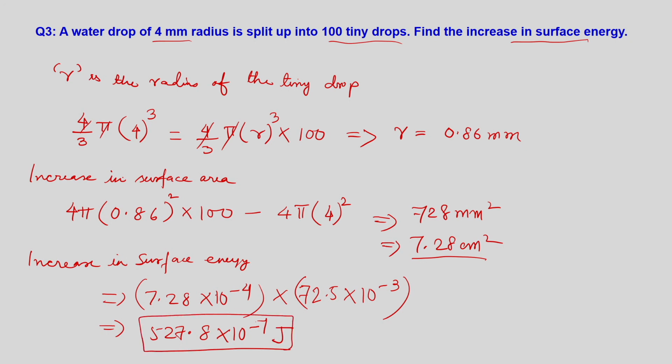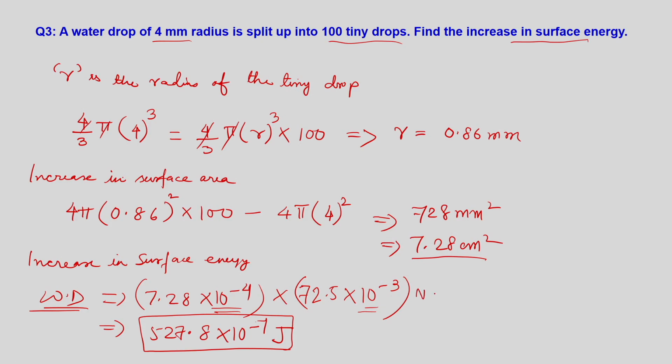So, what is this? This is nothing but the increase in surface area into surface tension, the work done. Okay, now this is the work done. So, work done is nothing but the increase in surface area multiplied by the surface tension of water. So, here you see I have converted into meter square. The 7.28 in centimeter square, written as 10 to the power minus 4, becomes meter square, and this is the surface tension of water at 298. So, it is millinewton per meter. Milli means 10 to the power minus 3, so I have made it Newton per meter.